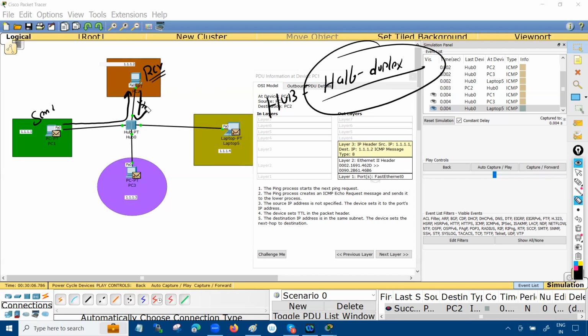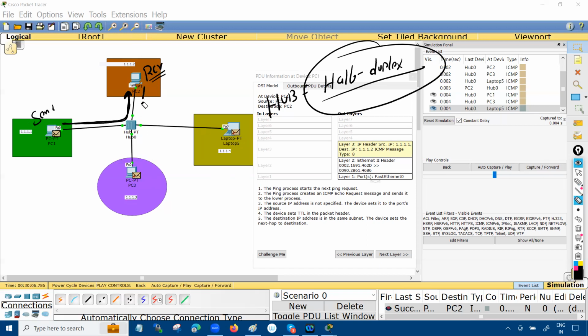But if I'm receiving the packet, if the communication is happening between PC1 and PC2 through the hub, no other person can communicate. No other person. Even he cannot send any data to any person, not to this guy. Forget this guy.